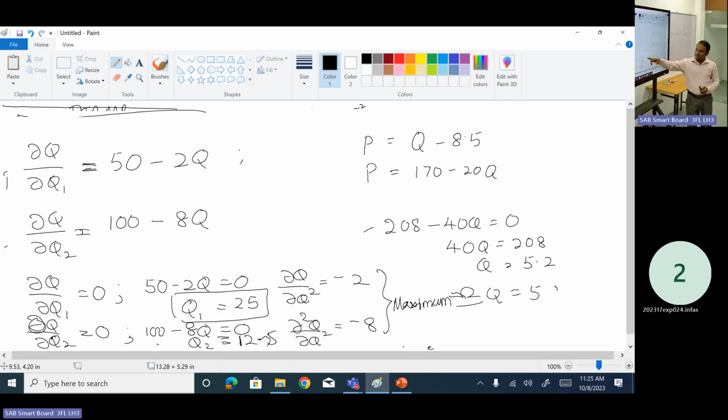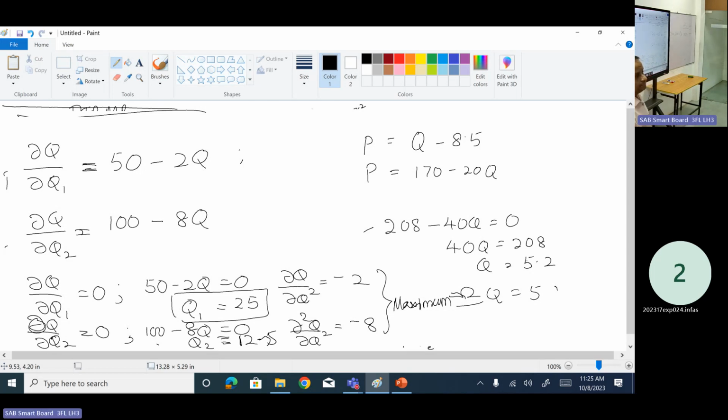So these are the maximum output levels, right? 25 and 12.5. By substituting this into the profit function, you can identify the maximum profit, right? The profit maximizing output level Q1 is 25, Q2 approximately 12.5.